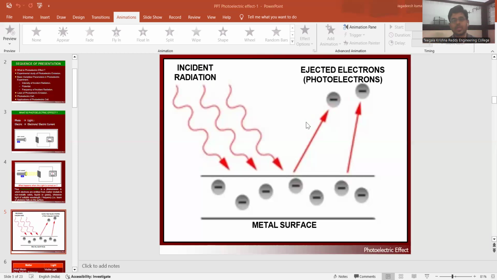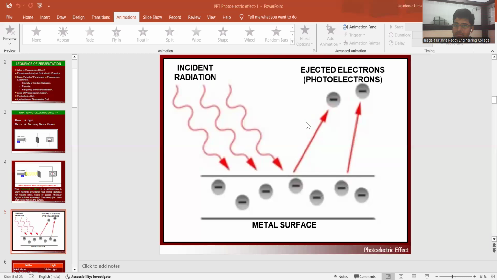What is the definition? When light of suitable frequency falls on the metal surface, electrons are emitted from the metal surface. The current due to the emitted electrons is the photoelectric current, and this phenomenon is called the photoelectric effect. Okay, understood the definition.